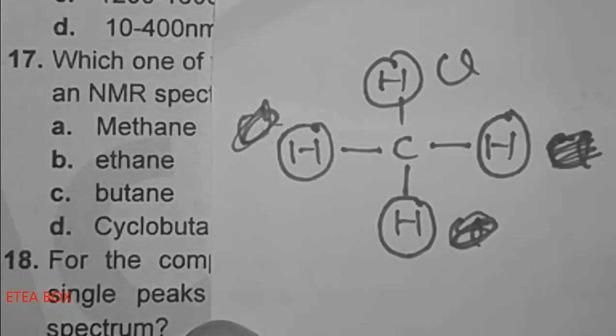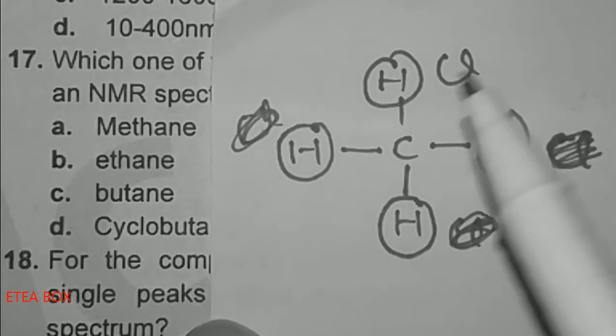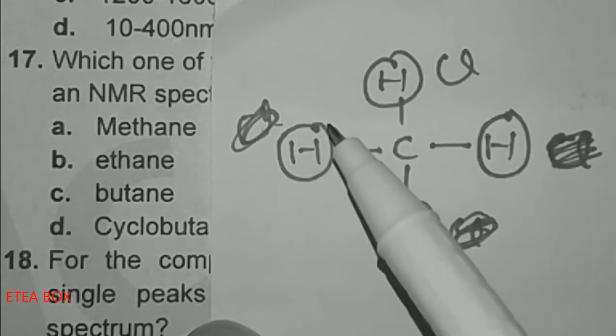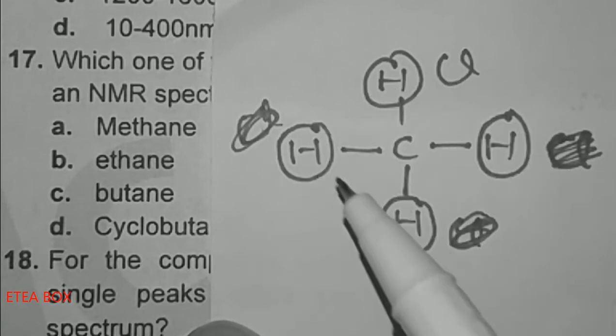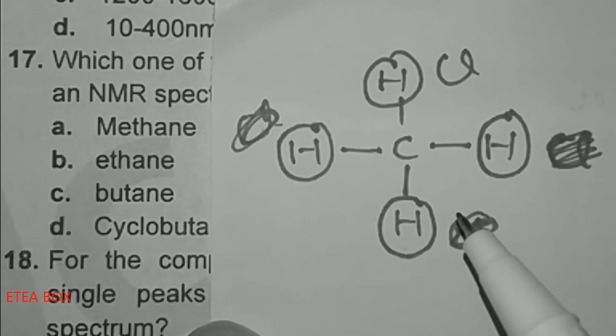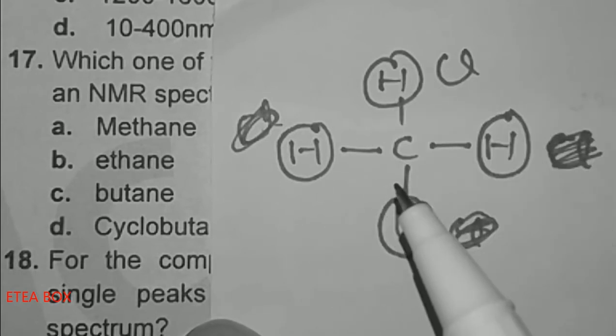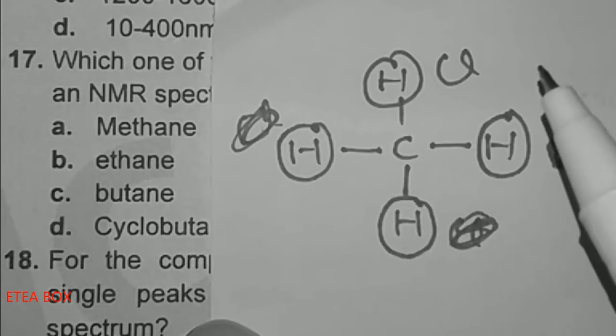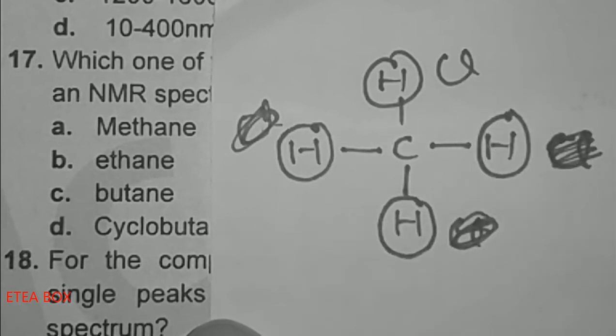So this is a simple trick for finding the peaks. When we change any of the hydrogens, the name is the same for all the hydrogens. So it means that this compound will give only 1 peak in the NMR spectrum, because the name is the same for all the hydrogens.